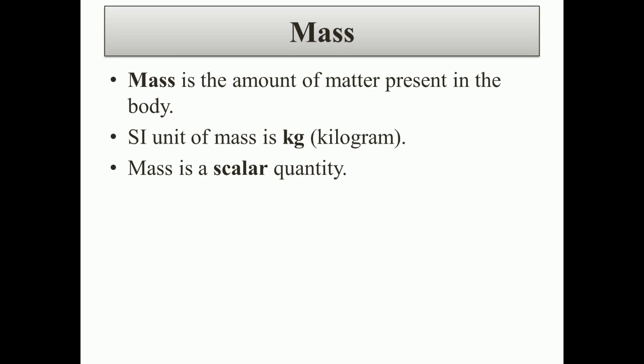Whenever you say you have to go to a place, you say it is 2 kilometers from here, or 5 kilometers from this place. That is nothing but a numerical value. So distance and mass are scalar quantities. They only give you information about the numbers, which are real numbers.